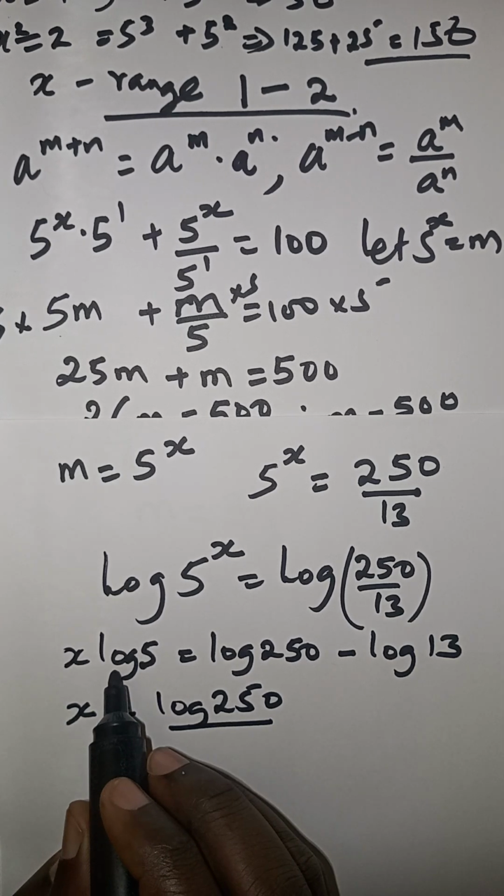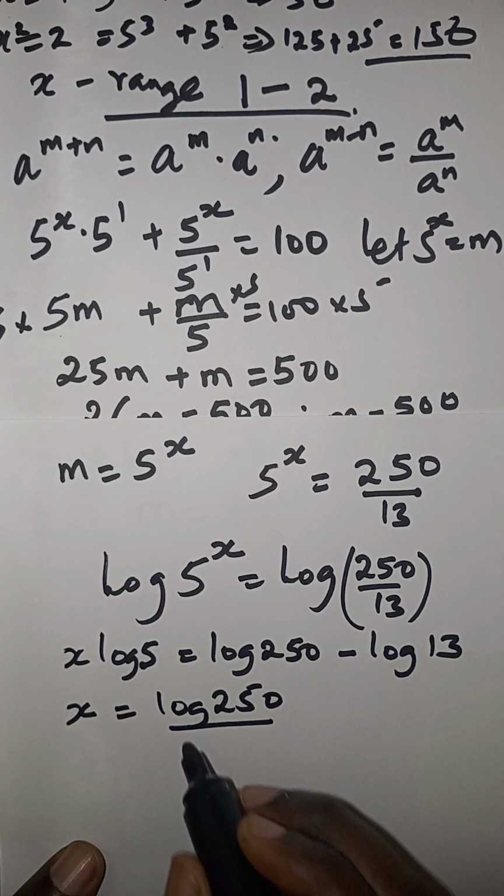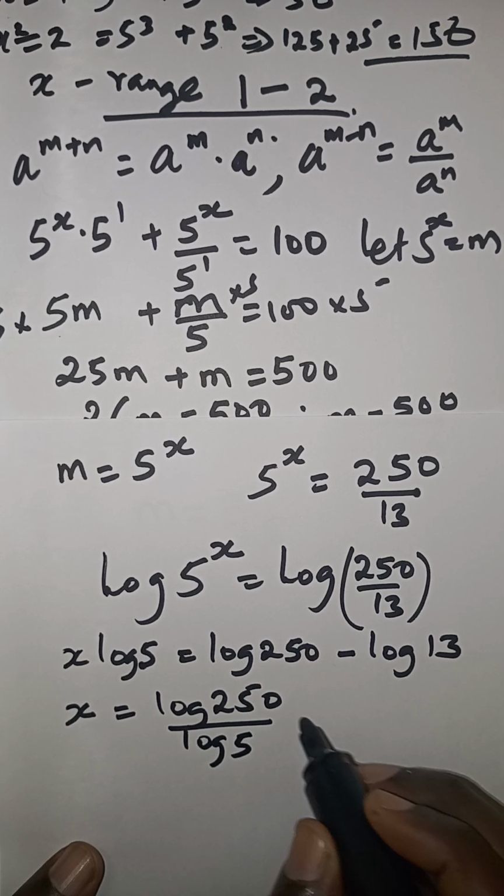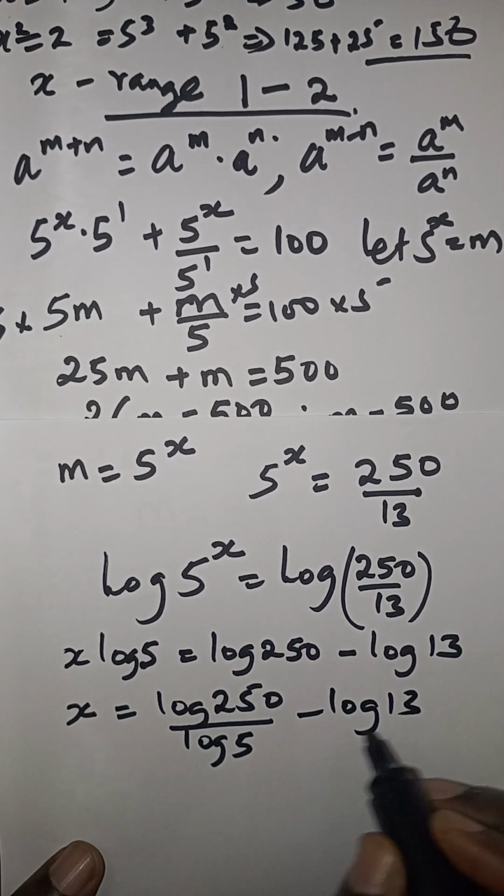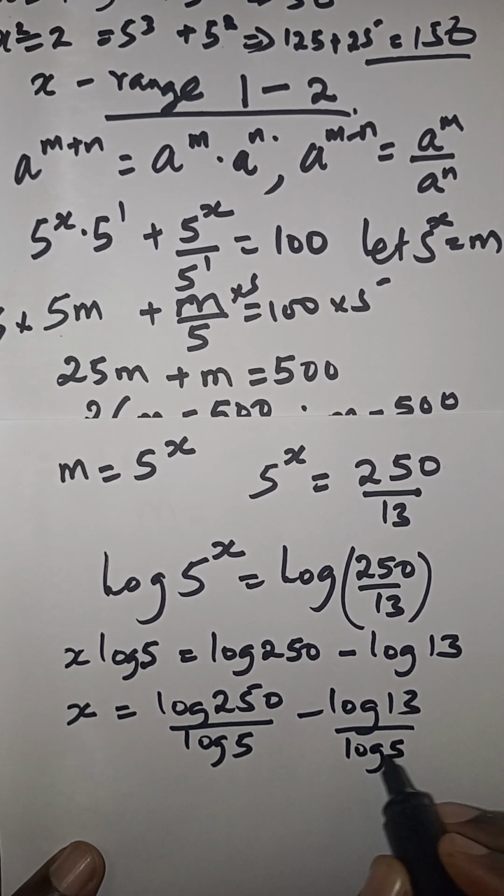I'm going to divide all through by log 5 minus log 13 divided by log 5.